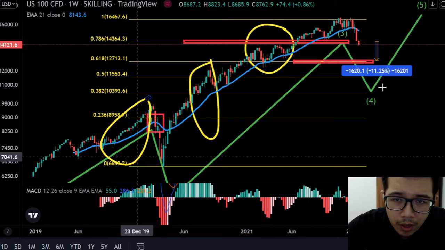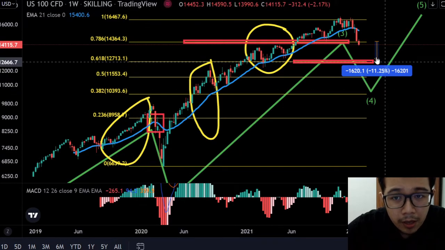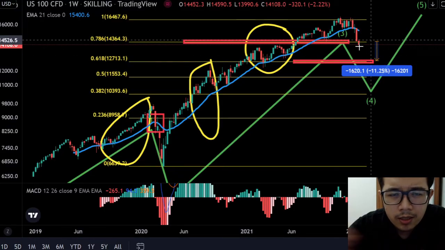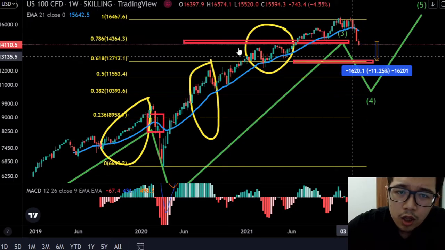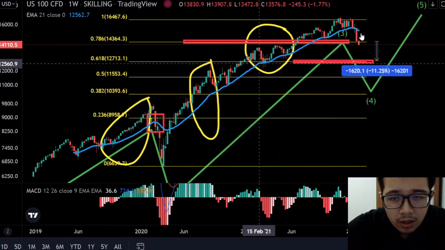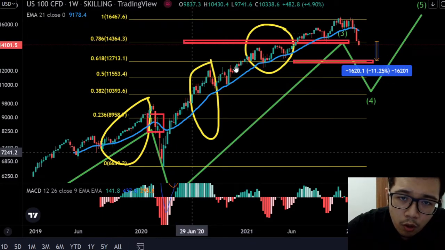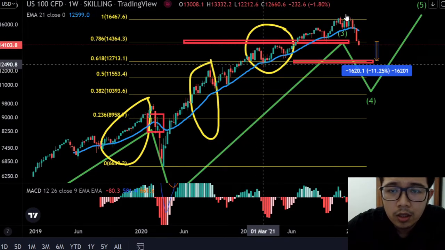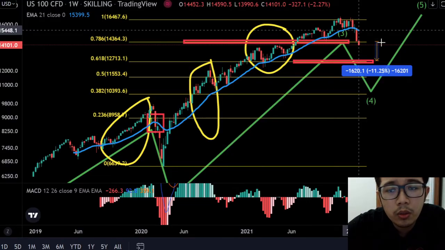That's why I am very positive that we are still in a downtrend, but maybe within this week or next week you're going to see some pullback going up. Maybe going up just to retest the 21 moving average, and after that it's going down. Similar to this one, look. After we go up and then go down and then go up again. So in a bear market, we go down, go up, and then go down again.